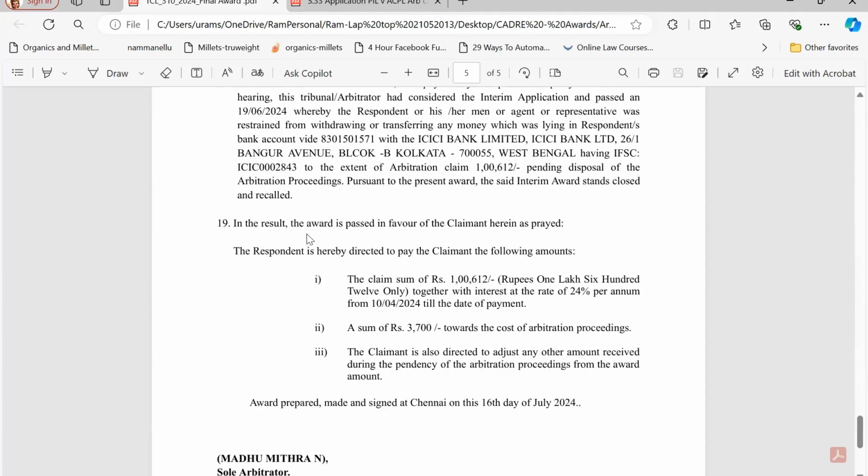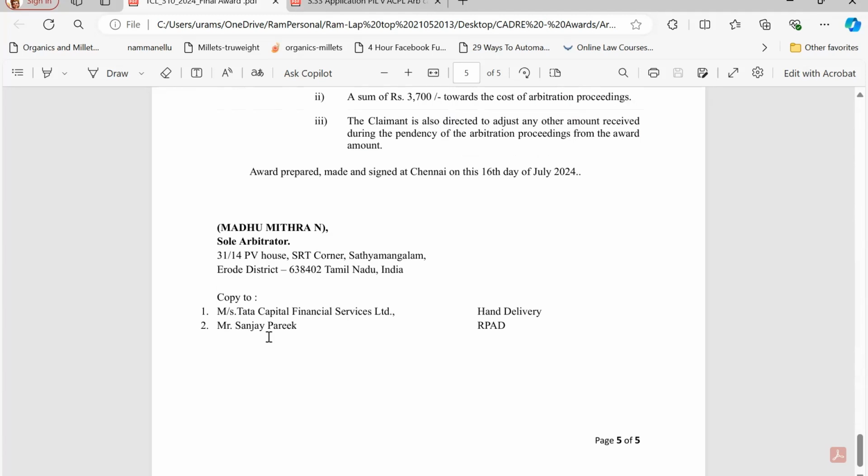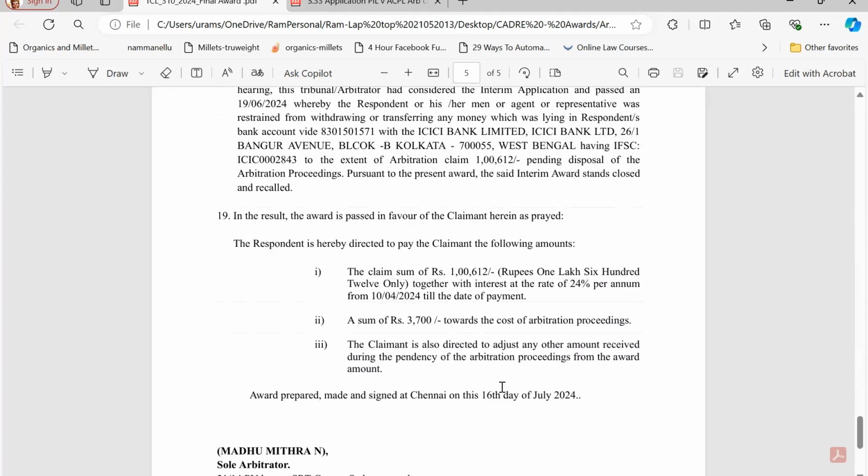Finally, the award and the direction by the tribunal are mentioned here, including the rate of interest. It has been signed by the arbitral tribunal, the delivery proof is mentioned here, and the date of the arbitral award is also mentioned here.